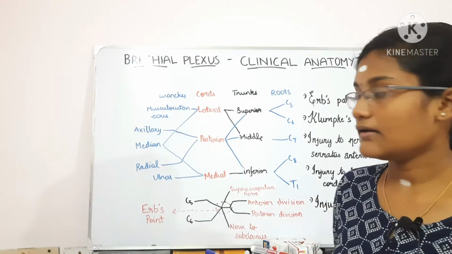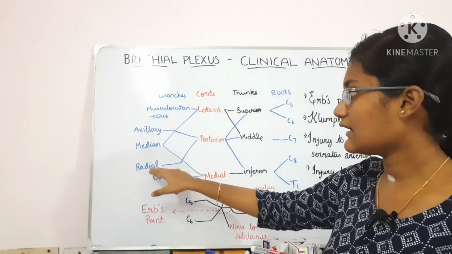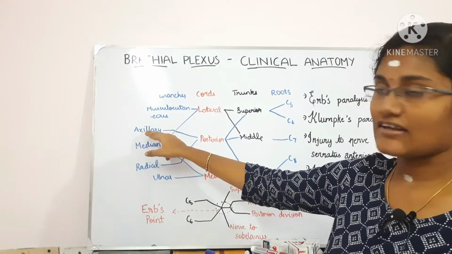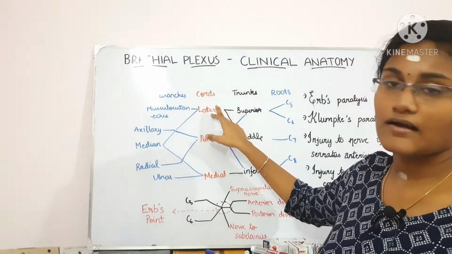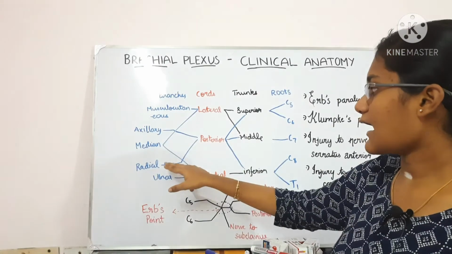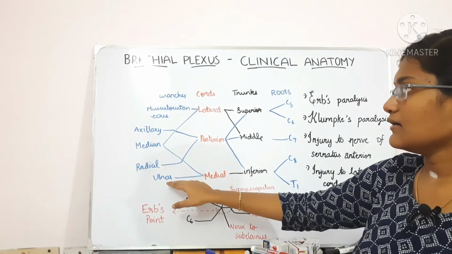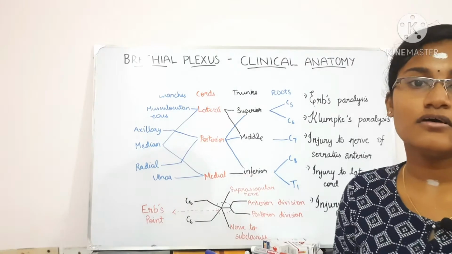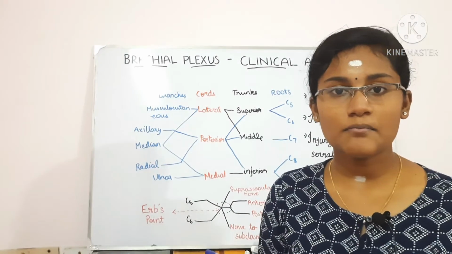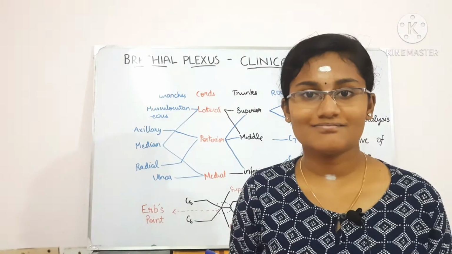Okay, and the posterior cord gives rise to the radial and axillary branches, and the lateral cord gives rise to the musculocutaneous and the median branch, and the medial cord gives rise to the ulnar branch and the median branch. Okay, so that is a small map of the brachial plexus.